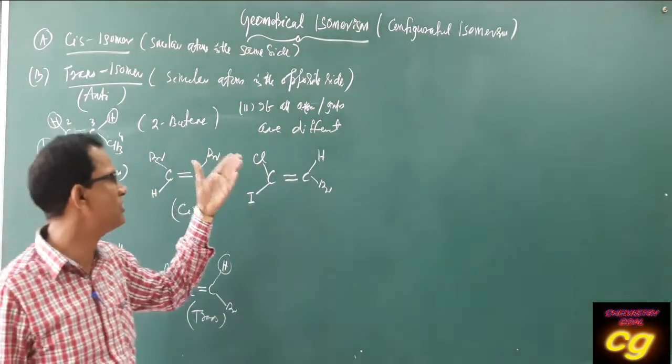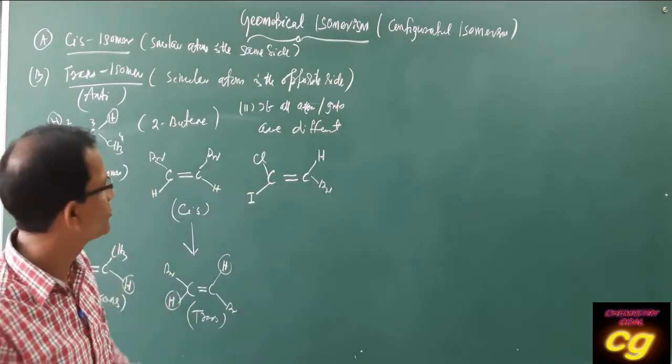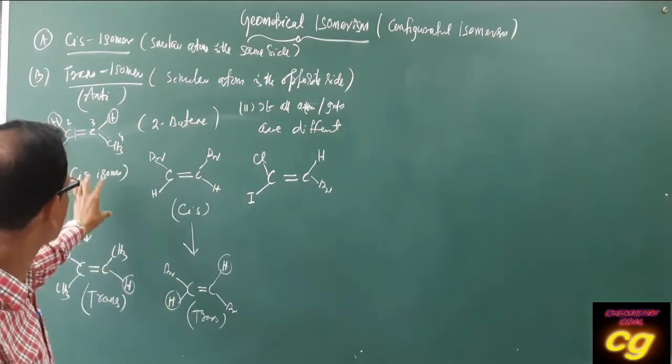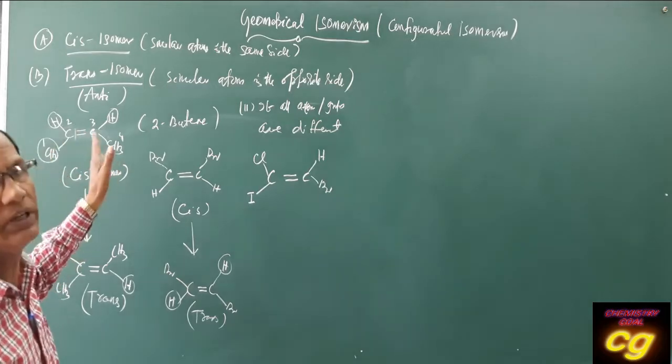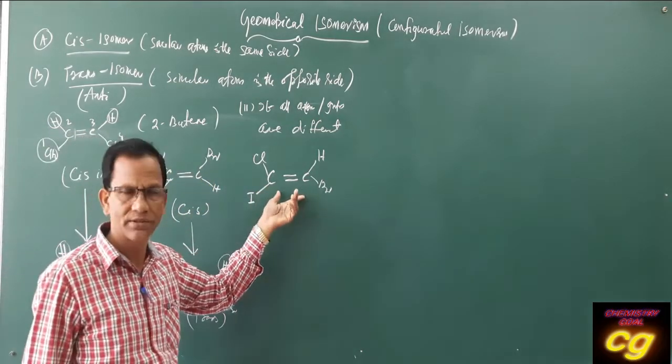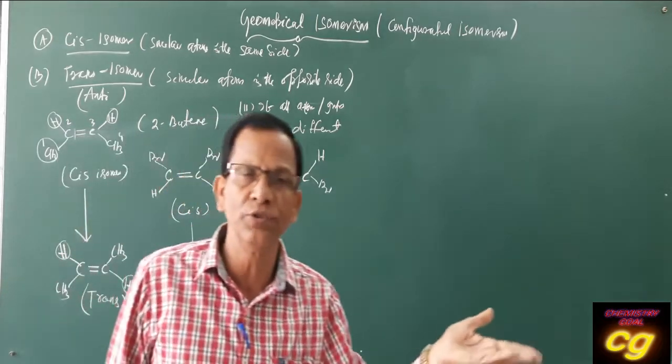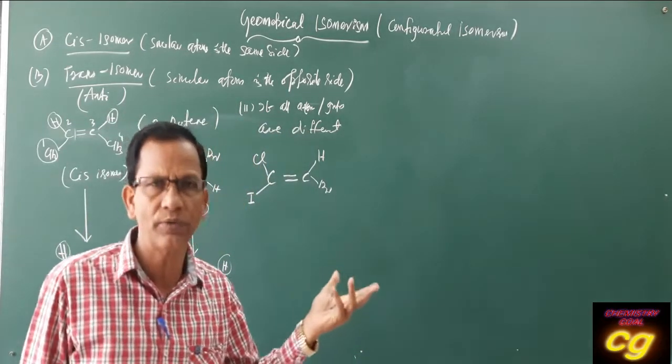We cannot say which is cis and which is trans. So cis-trans nomenclature cannot be used in this case because all are different. We cannot tell which will be on one side and which on the other side.